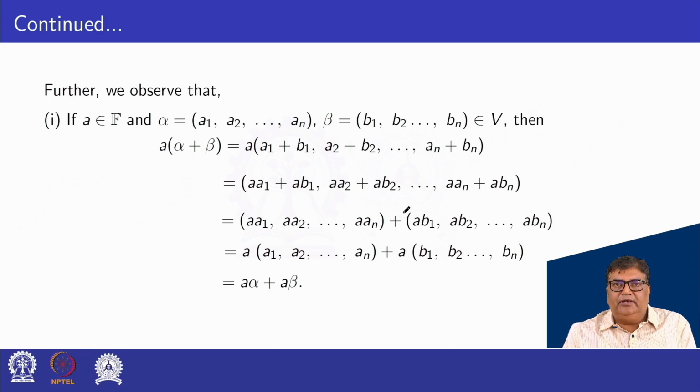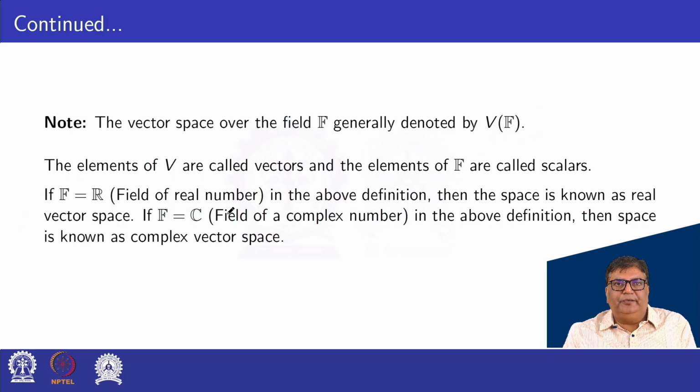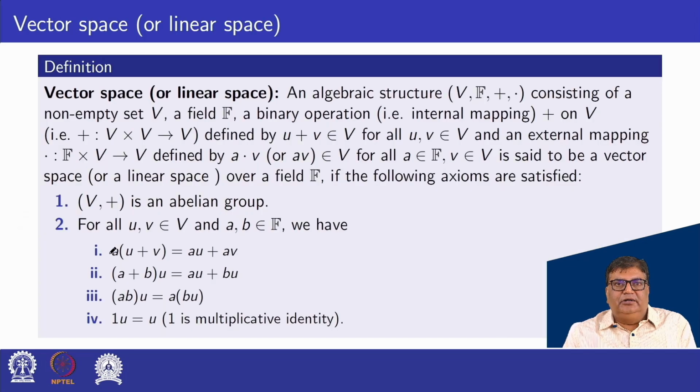That is the addition of two vectors, (a a1, a a2, and so on, a an) as n-tuple, and another vector in n-tuple (a b1, a b2, and so on, a bn). This can be written as a times (a1, a2, and so on, an) plus a times (b1, b2, and so on, bn). That is, we can write this as a alpha plus a beta. That is the property of vector space, and this is satisfied.